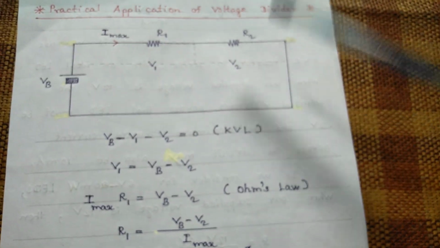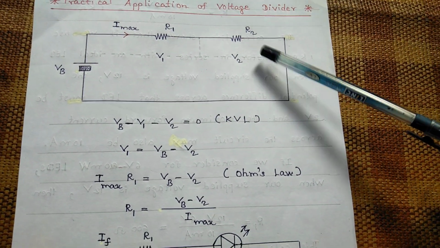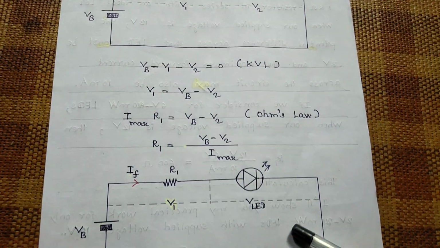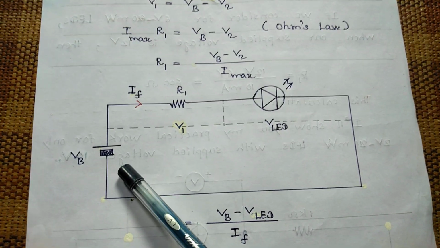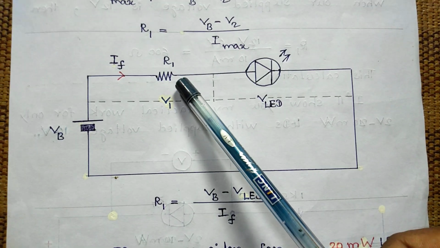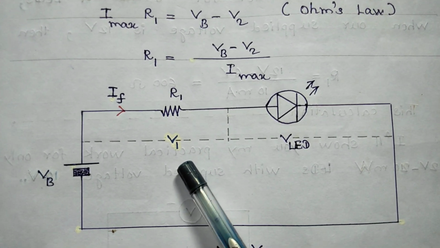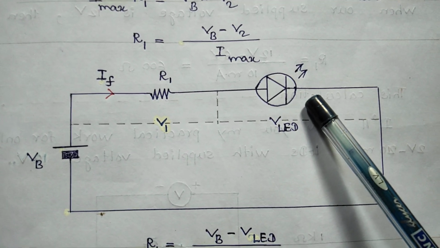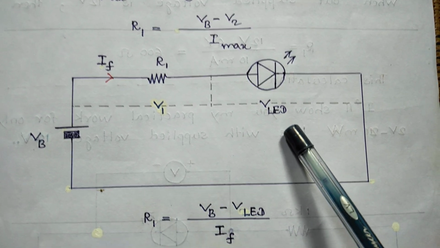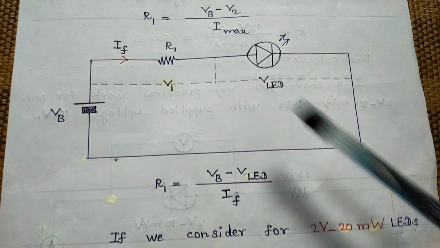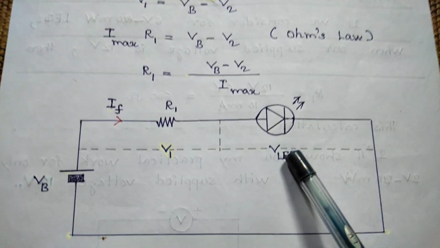If we replace the second resistor R2 with an LED, we have another equivalent circuit like this. Here you see the power supply, the voltage of the battery, the resistance of the first resistor R1, the potential difference across the first resistor R1, and the LED, where the potential difference across the LED is VLED. IF, the forward current, passes through this LED.